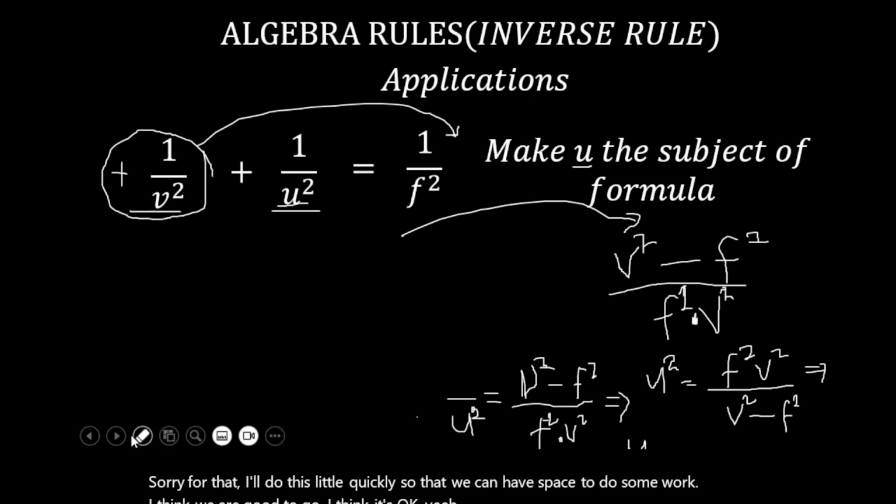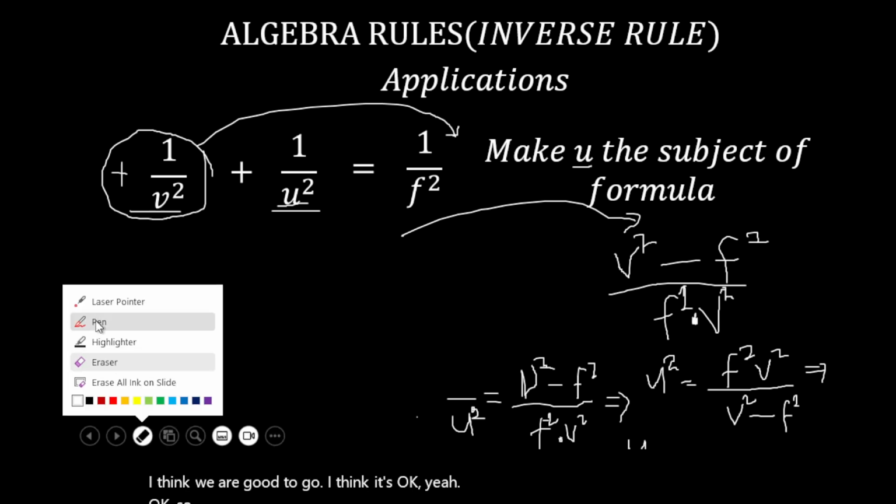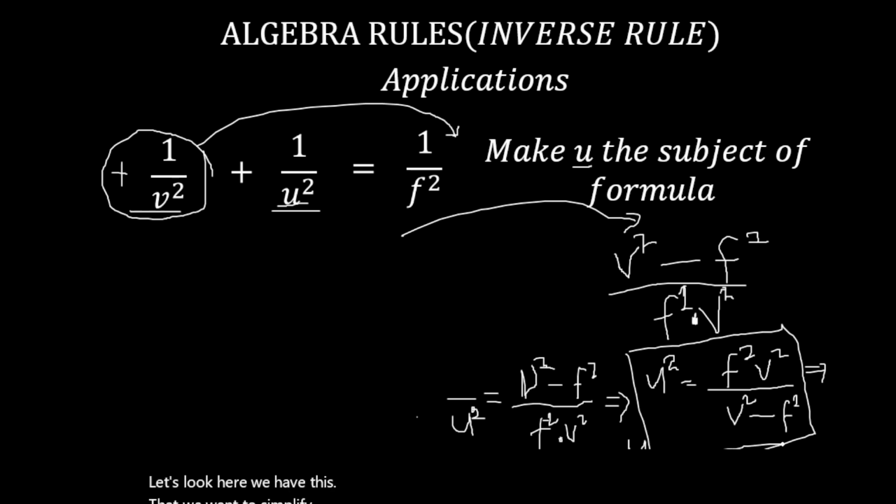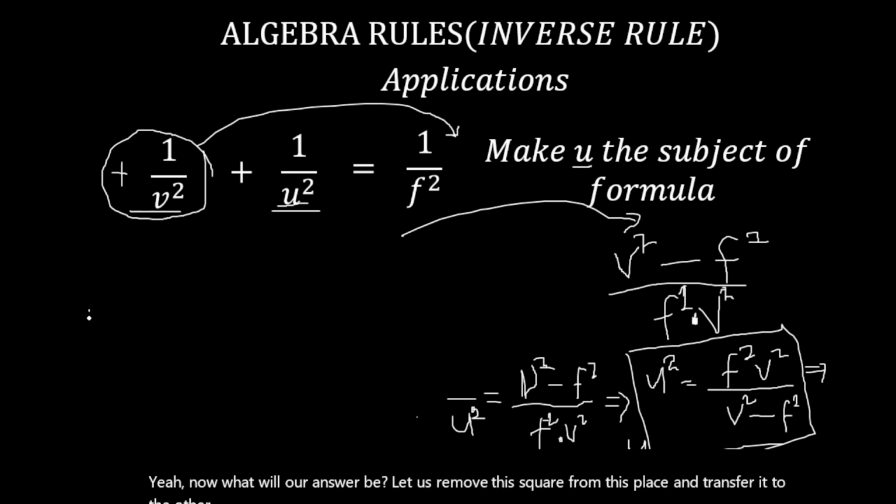Okay. So now, let's look here. We have this that we want to simplify further. Now, what will our answer be? Let us remove this square from this place and transfer it to the other side. So we are left with only u, which now becomes what?